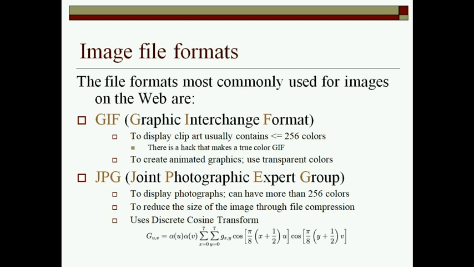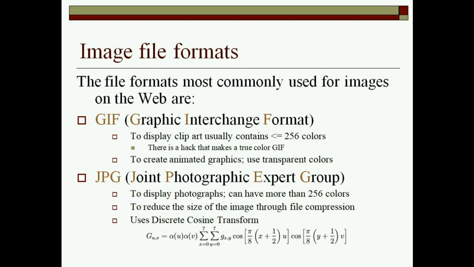The GIF displays art in a maximum of 256 colors, and it is possible to create animated graphics with the GIF format that look like video. It's just a bunch of different GIF files that are packed in one, and they can be displayed in a sequence, thereby appearing as an animated graphic.